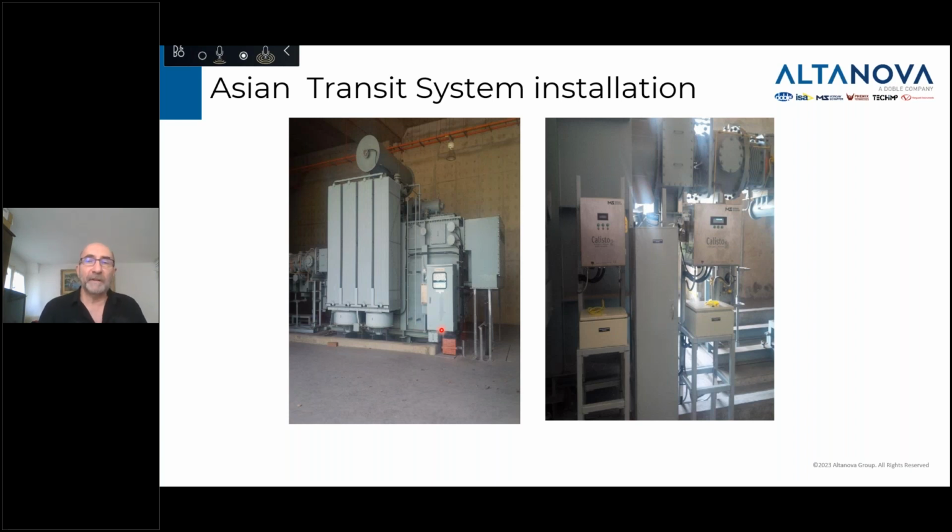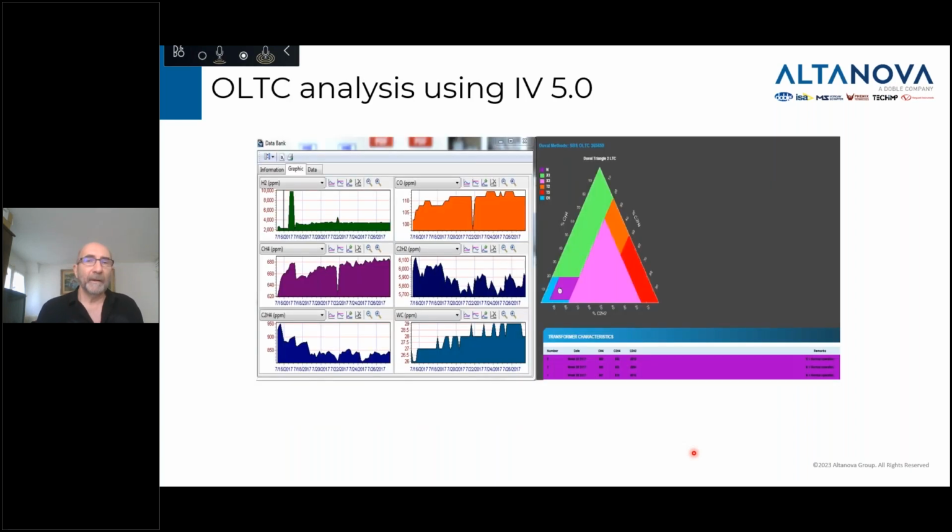What they've done is that they were measuring multi-gas on the OLTC, and they're measuring dual gas in the main tank as an alarm system. And on a regular basis, they're taking the data from that OLTC and automatically putting it in a diagnostics system using the Duval OLTC triangle.